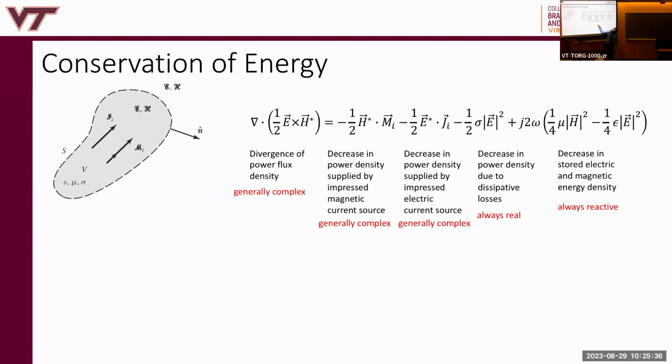Then we also have the power due to the electric impressed source, which is also decreasing because power is flowing out. There could be power dissipated in the medium, right? So I have to account for that. And then there is a decrease in stored electric or magnetic energy in the medium. There could be some capacitance in that medium that stores electric energy, but if power is flowing out, we'll see some special cases of that right now.